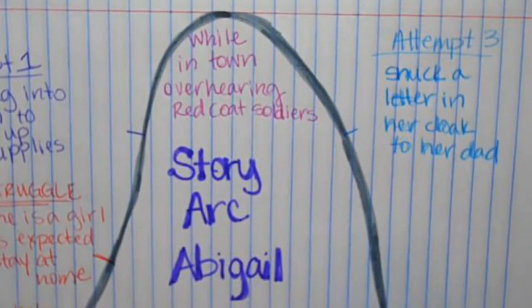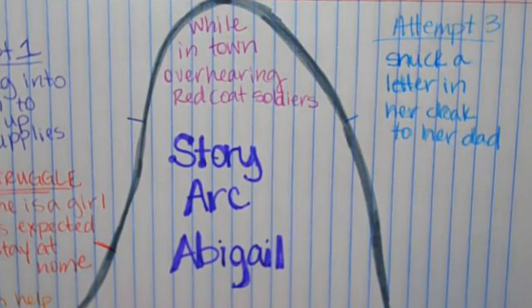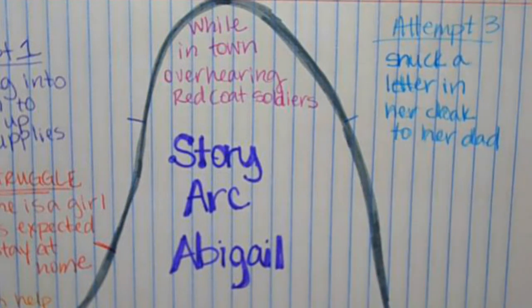And because they're saying something that is of interest to her and potentially dangerous for her dad, she is able to sneak a letter in her cloak to her dad in her attempt to help in the colonist war.